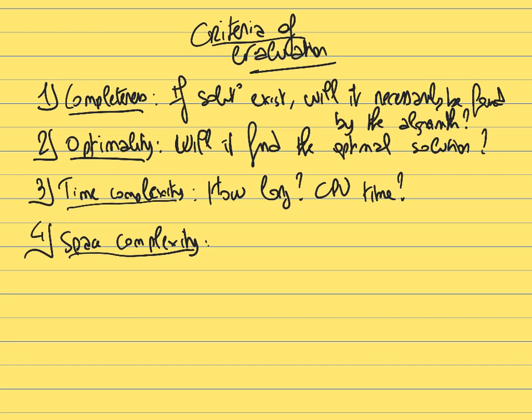The space complexity is how many possible states you have explored in the tree. Ideally, you don't want to explore this tree, you just want to go directly towards the most optimal solution. But if the algorithm is not very efficient, then it will explore a large fraction of the tree before it finds the goal state that you want to achieve.